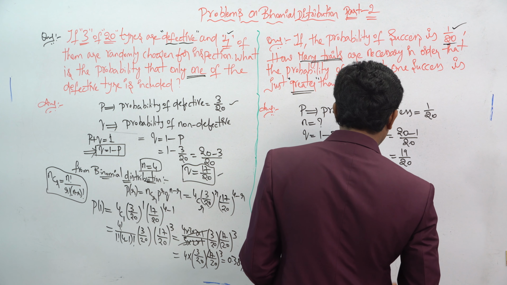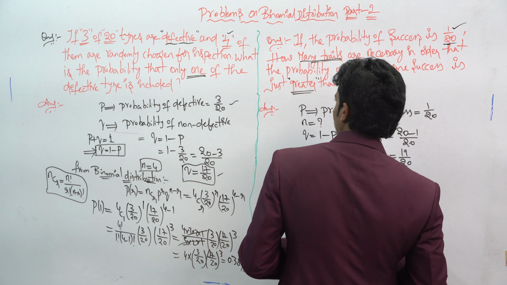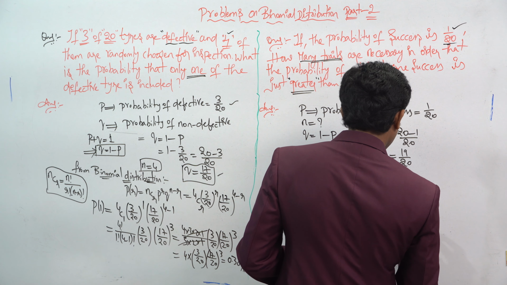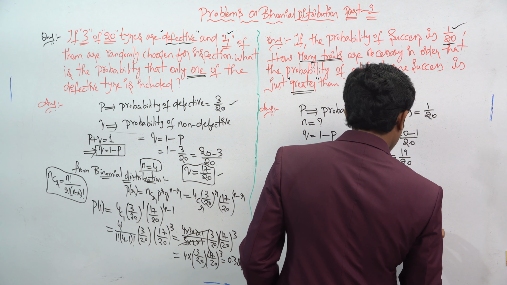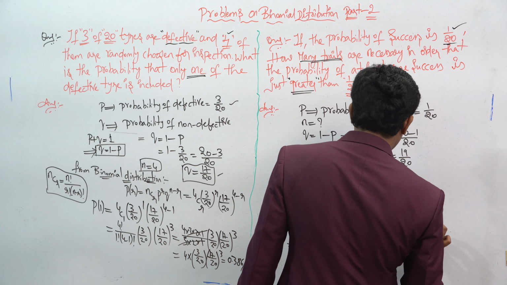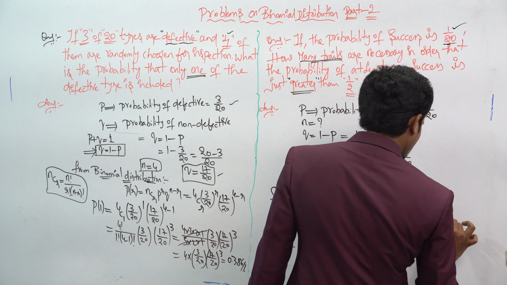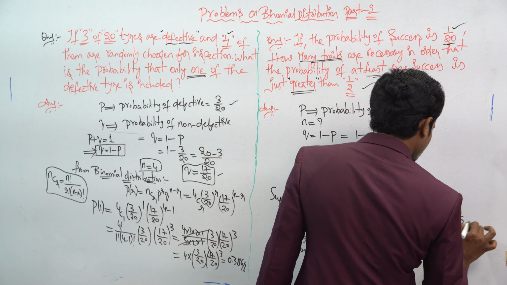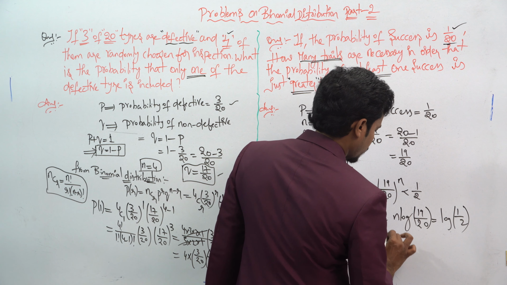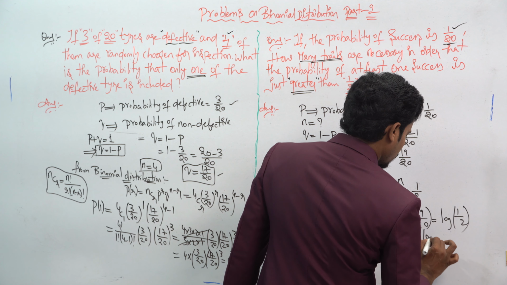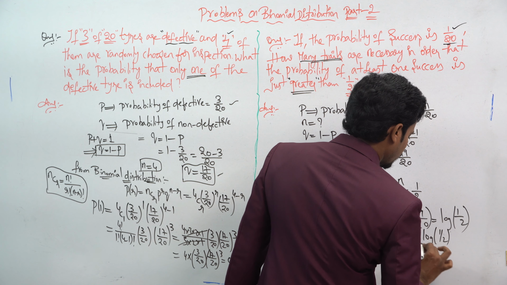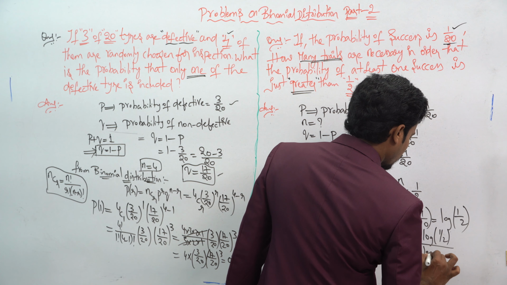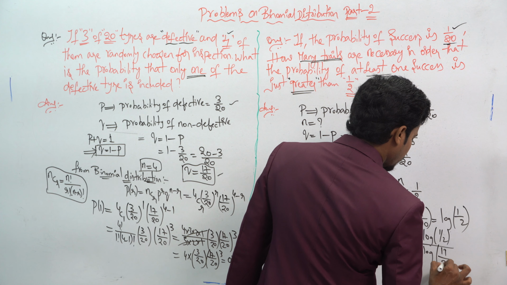What will be the formula for log of a power? It becomes n times log(19/20), equal to log(1/2). So if you want to find n, it becomes log(1/2) divided by log(19/20).